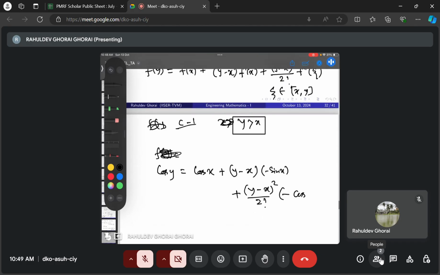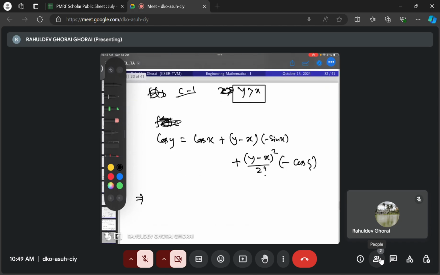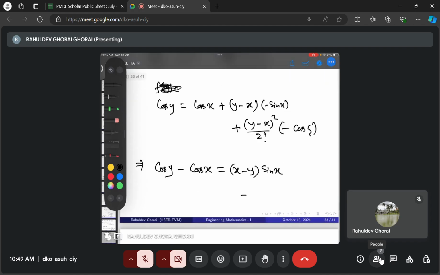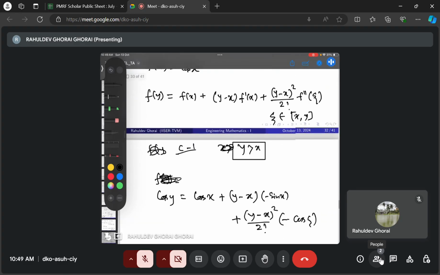So that implies cos y minus cos x will be equal to minus sin x times y minus x, which gives x minus y times sin x, minus y minus x whole square over 2 factorial cos xi, right?